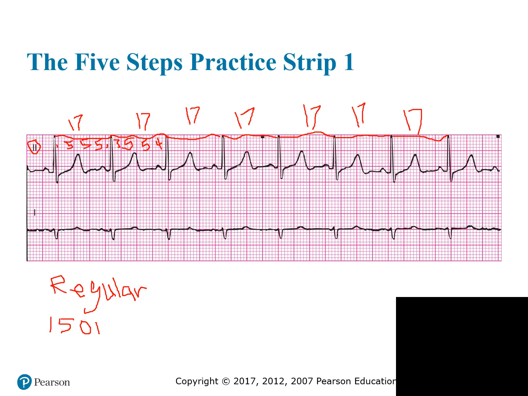So we're going to 1500 divided by 17, and that equals 88, because we don't round up. Your heart doesn't round. So this person's heart is beating at 88 beats per minute.